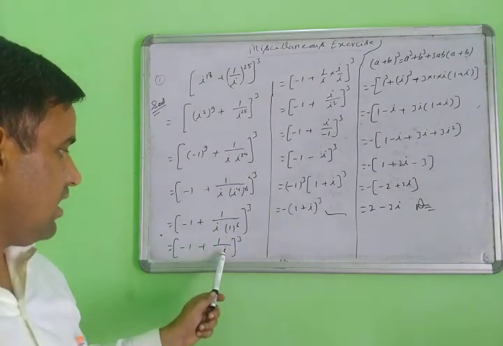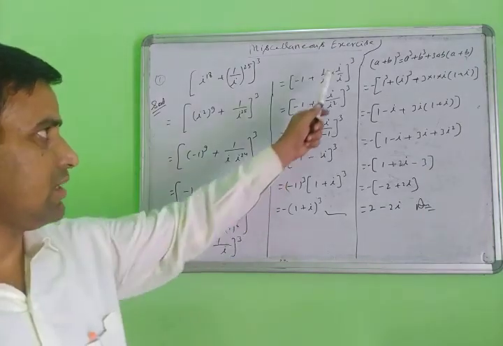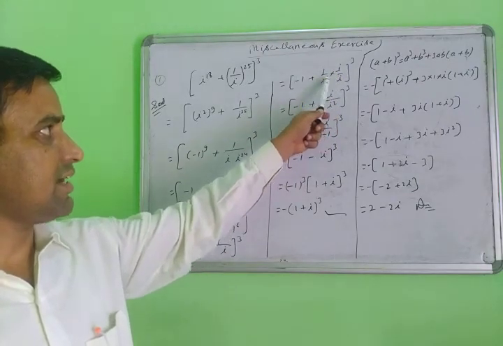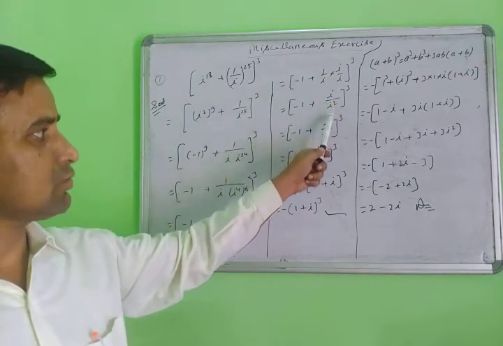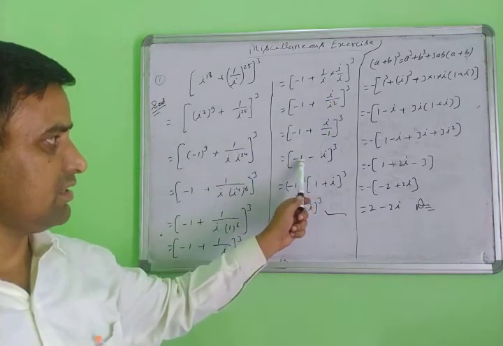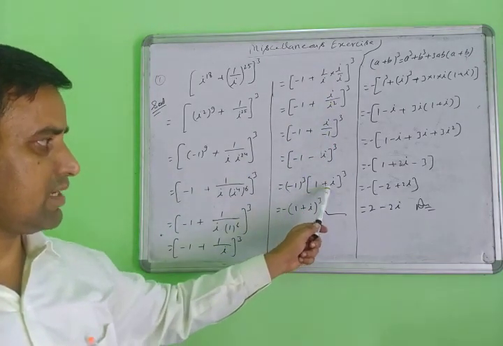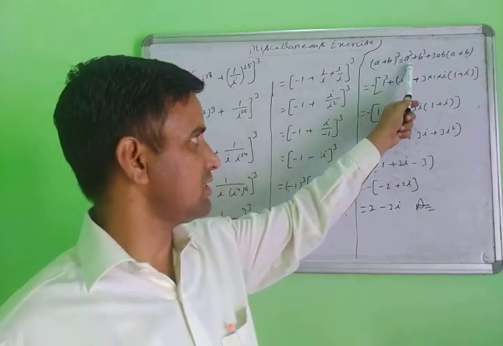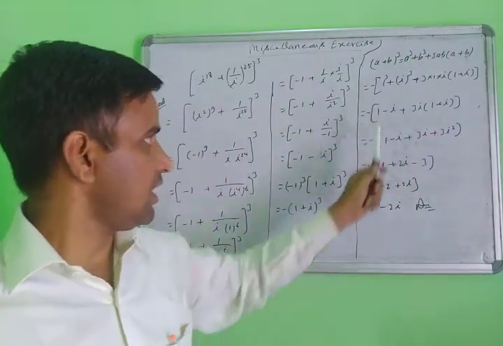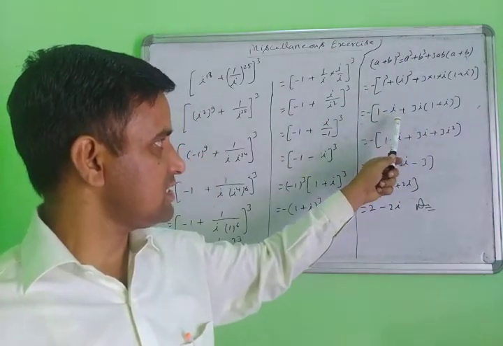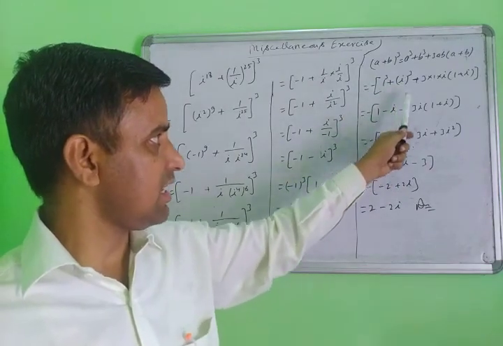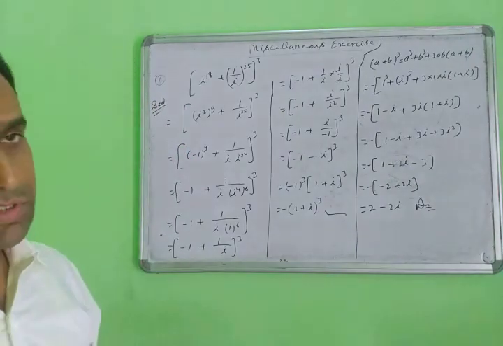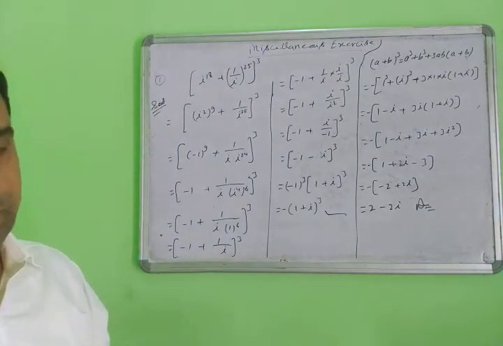Since iota is in the denominator, you multiply and divide to rationalize it. Then iota square is minus 1, the plus minus becomes minus, and taking minus sign common gives 1 plus iota whole exponent 3. Using the identity of a plus b whole exponent 3, iota cube is minus iota, then multiply, calculate and find the value. Very simple question, but calculate it very carefully. Just note it down.